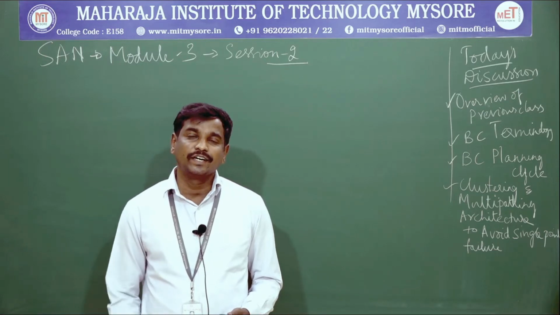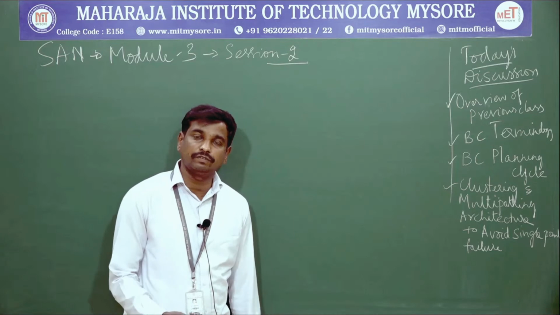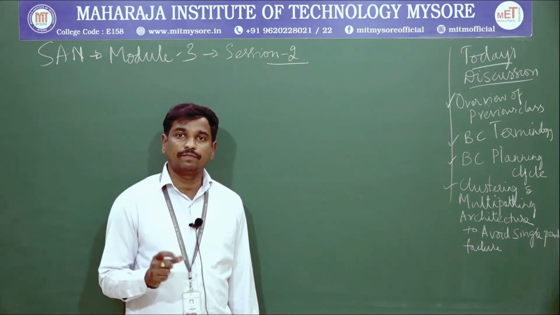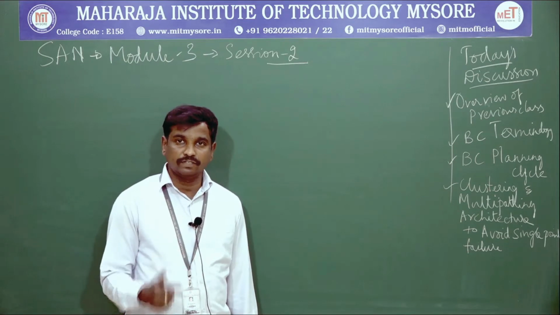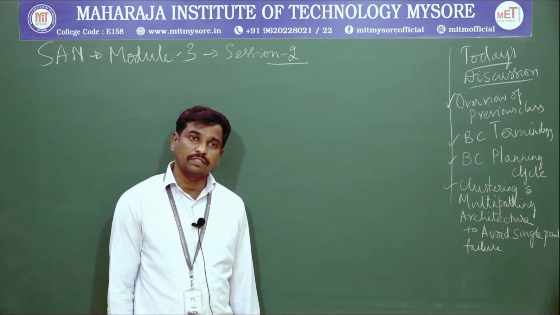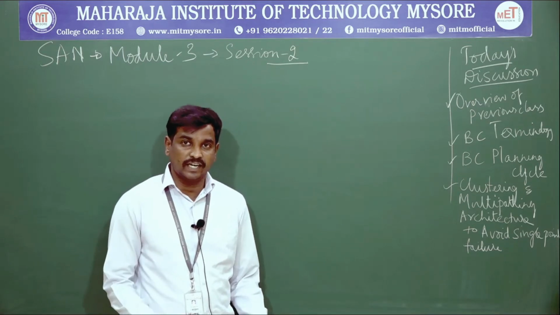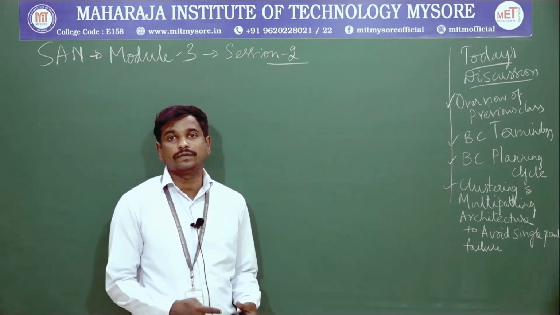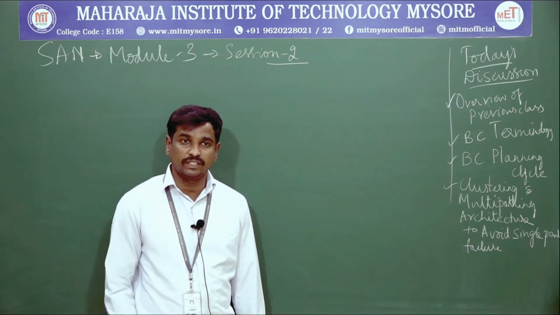Okay, towards that we discussed in the first section the overview syllabus, what they have kept for the third module. That is the first thing we discussed, and we discussed something called information availability. The main purpose of a storage area network is to distribute the information to n number of users equally.